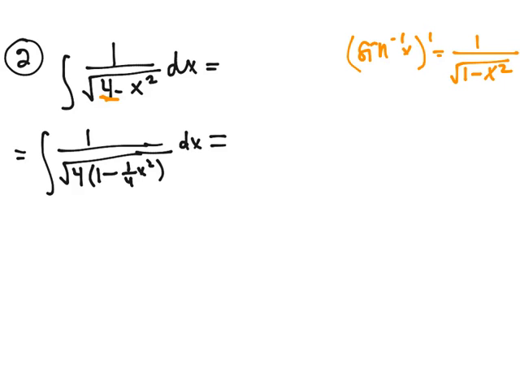Now, the square root of 4 becomes 2, so I'm going to put 1/2. You can pull it out if you want and put 1/2 and then an integral, but I'll keep it inside, and then I get 1 over the square root of 1 minus.